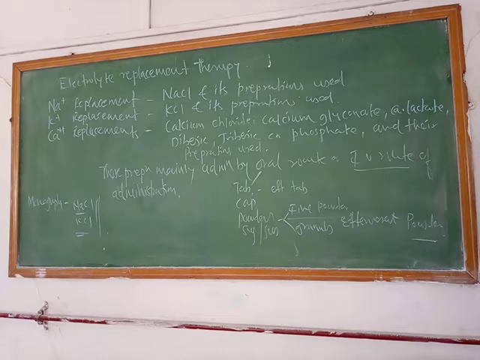Orally, we use tablets, effervescent tablets, capsules, powders like fine powder, granules, effervescent powders, and liquid preparations like syrups, suspensions, mixtures, like that. Various preparations of all the above ingredients are used for the replacement of sodium, potassium, and calcium. And all that we call electrolyte replacement therapy.